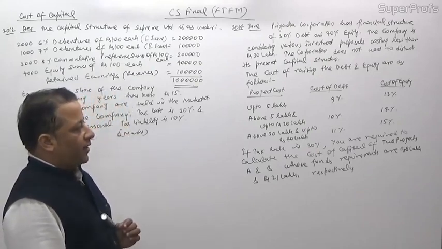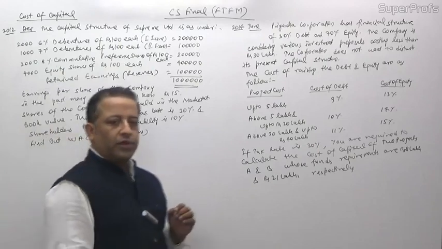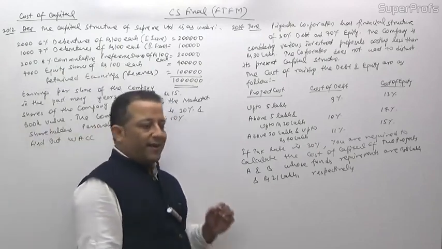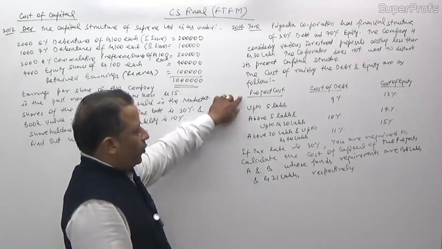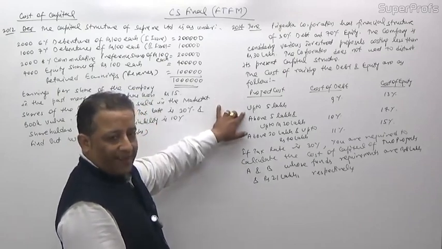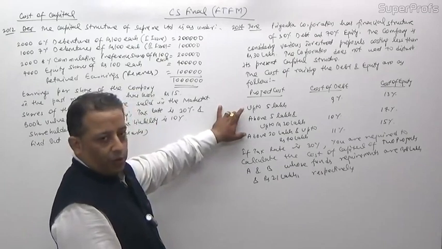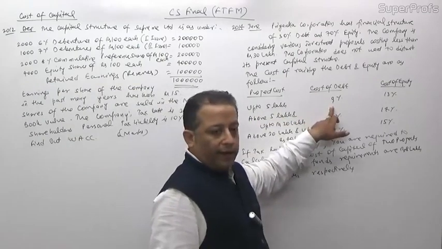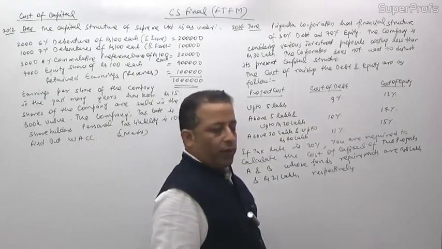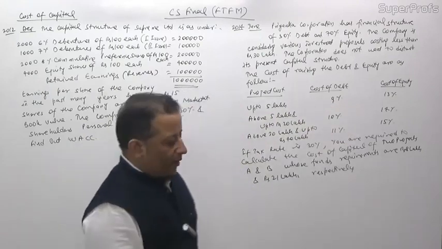The costs of raising debt and equity are as follows. If the project cost is up to rupees 5 lakh, then the cost of debt will be 9% and the cost of equity will be 13%.